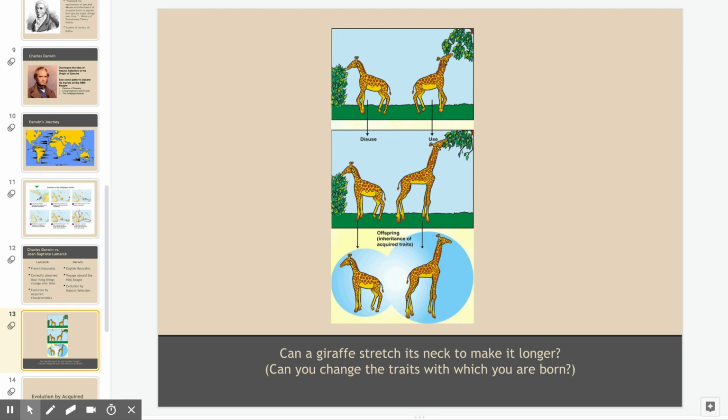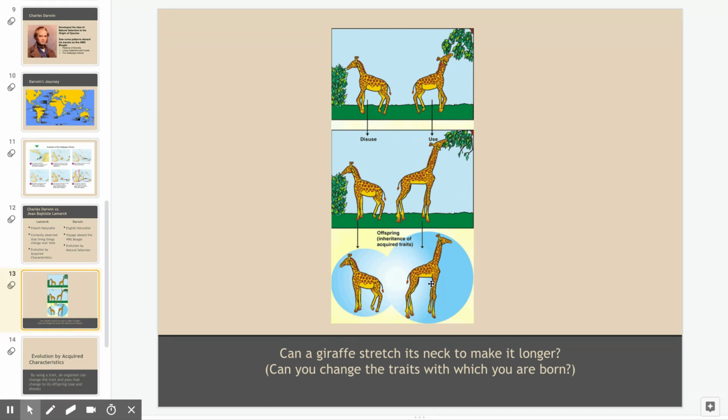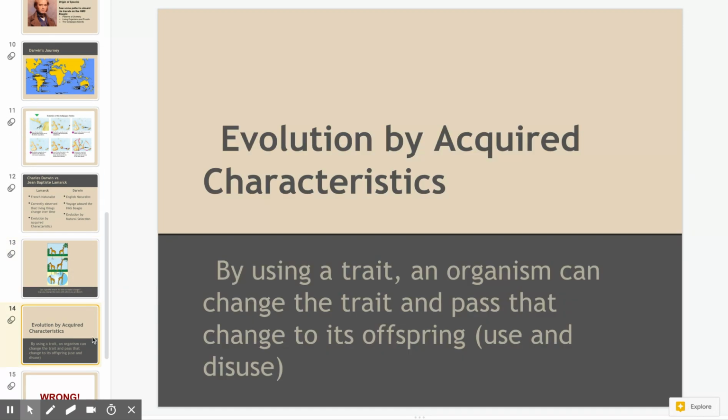So according to evolution by acquired characteristics, that giraffe over time could stretch its neck to then acquire this trait of having a long neck that allowed it to eat those leaves that were up high.